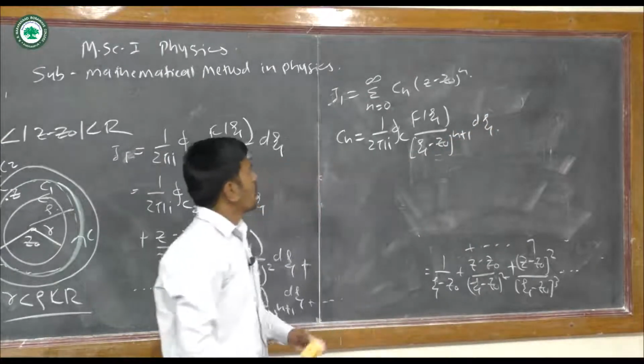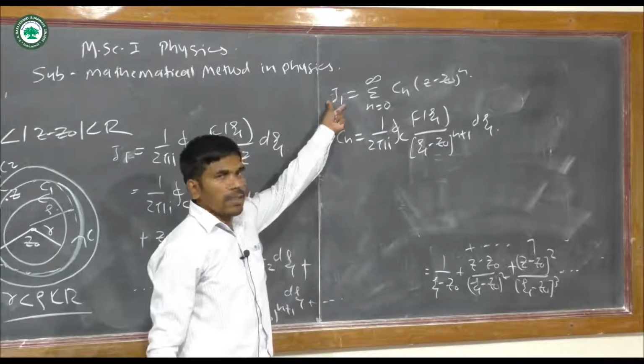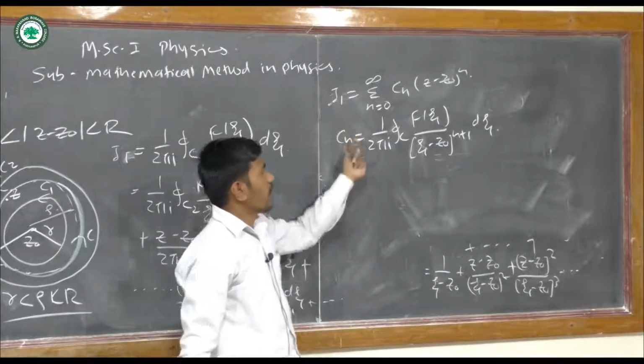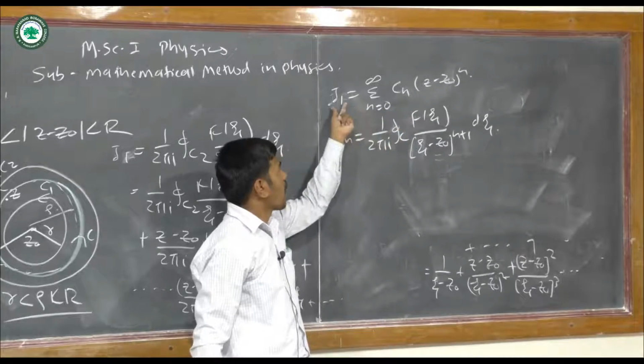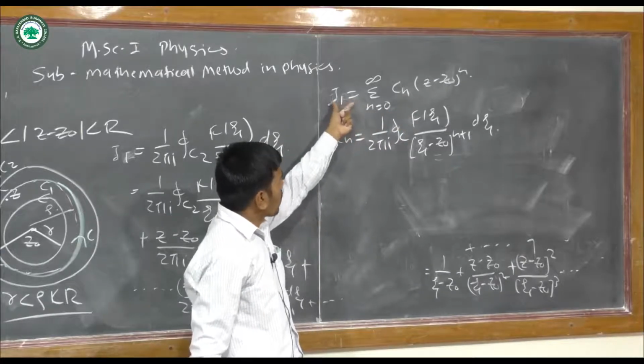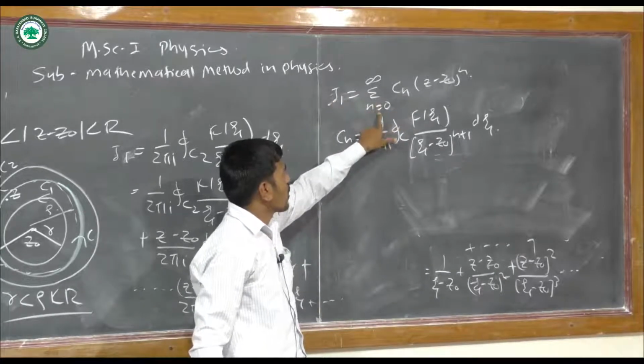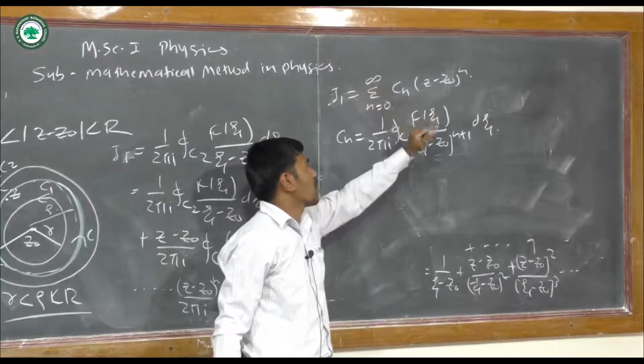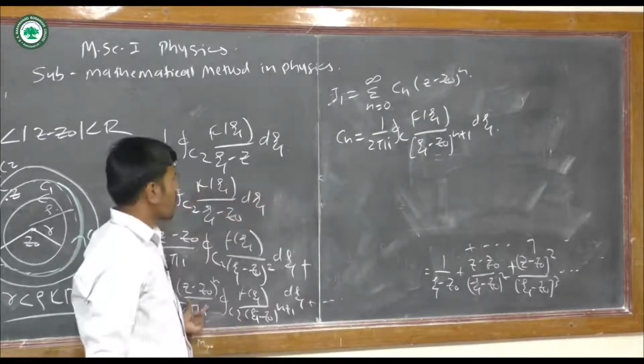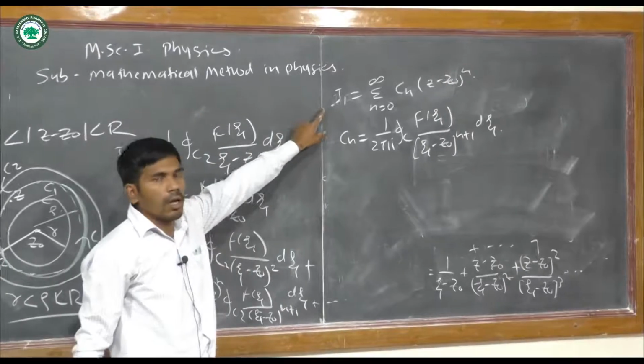Okay, so this is Cn, the characteristic coefficient. So I1 is equal to summation over n equal to 0 to infinity of Cn into z minus z naught to the power n. Okay, so this is about the I1.